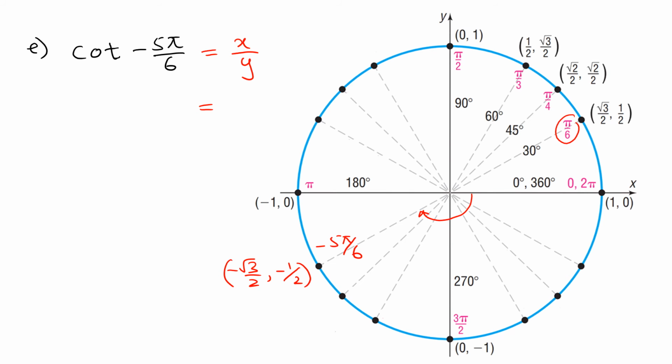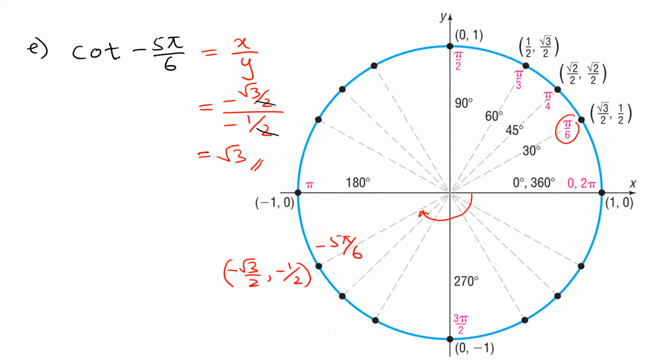So we substitute both values, which are negative. The x value is negative square root 3 over 2. The y value is negative 1/2. You can see that the 2 and 2 get cancelled, and the negatives get cancelled. So you end up with positive square root 3 as the final answer.